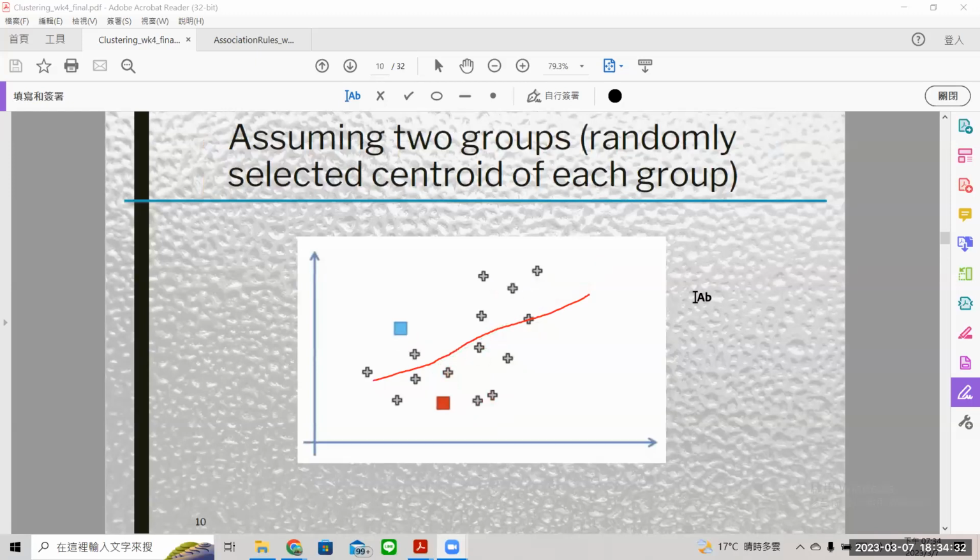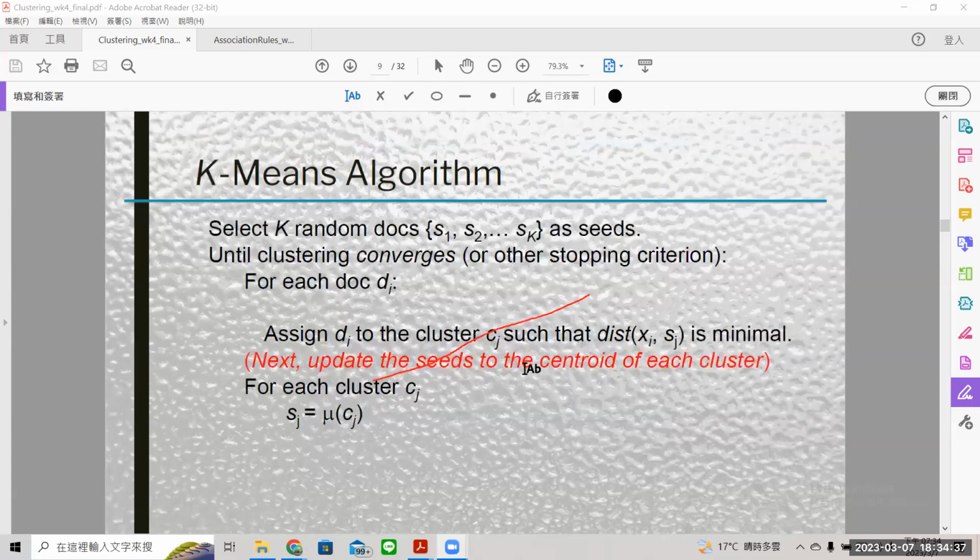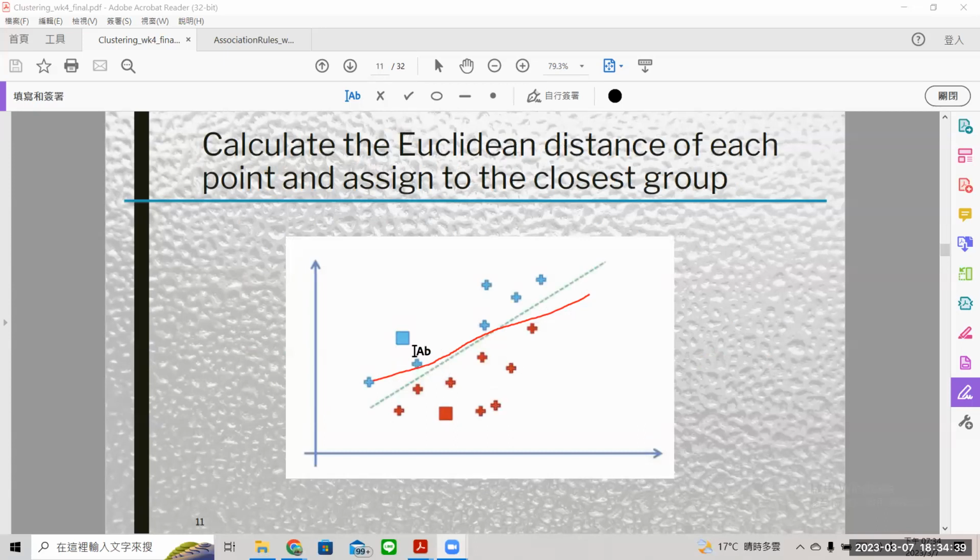We compute again, because you already have the centroids from the previous step. So now you can compute the distance from all the samples to each centroid, because now you have 2. Then you reassign, assigning each to the closest group. So you iterate the steps.